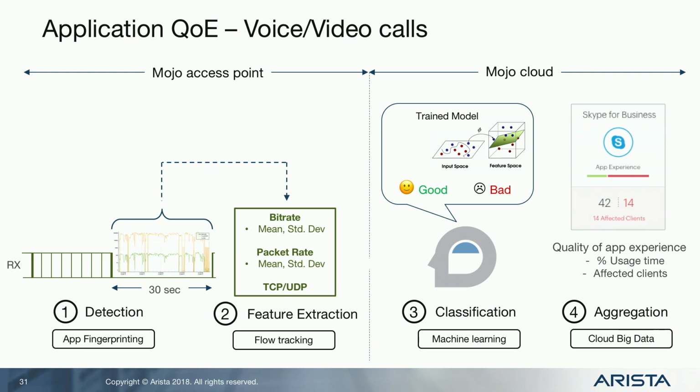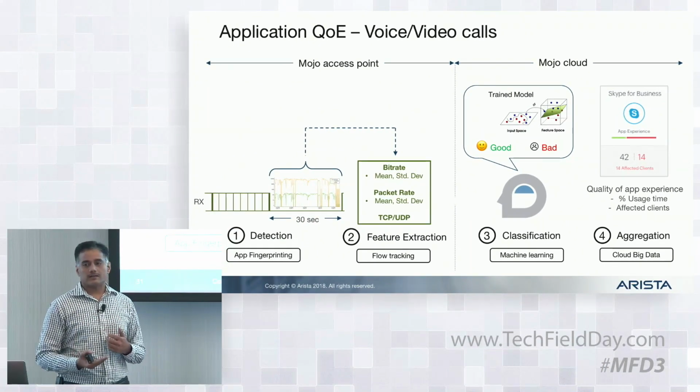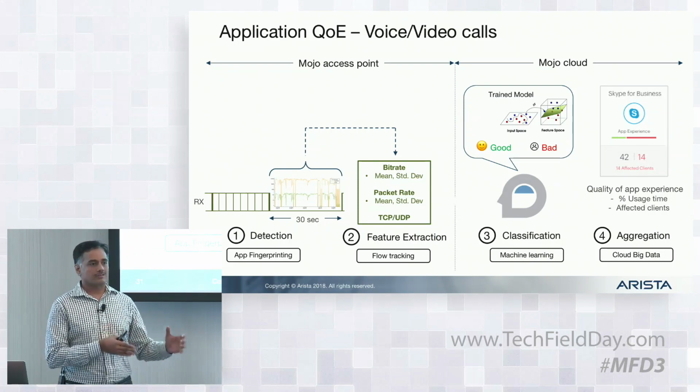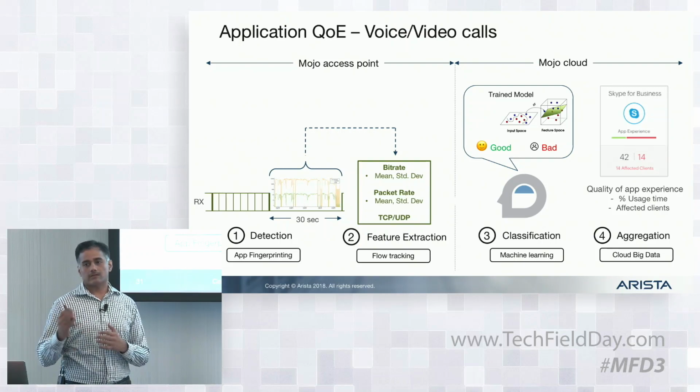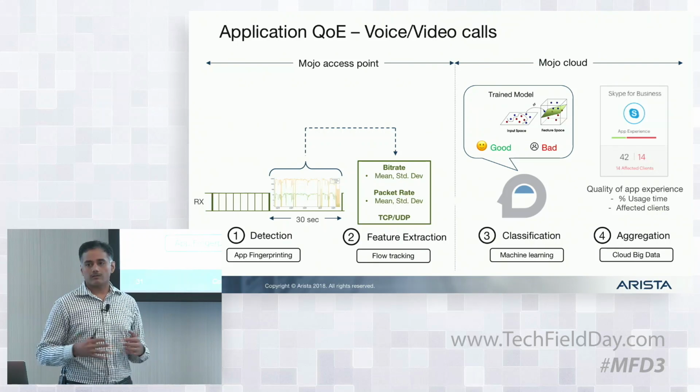It also attaches a lot of RF parameters and other stats it can compute, like the RSS of the client within this 30-second period, the retry rate the client is experiencing, and the link rate the client has. It computes this record for each 30 seconds of that specific voice call and uploads the data back to the cloud. All access points do this for all the calls going on in the enterprise in real time.